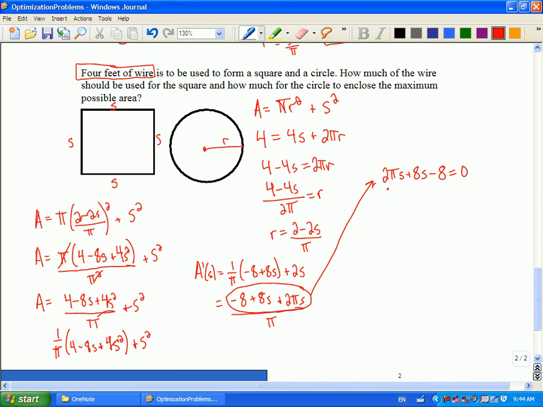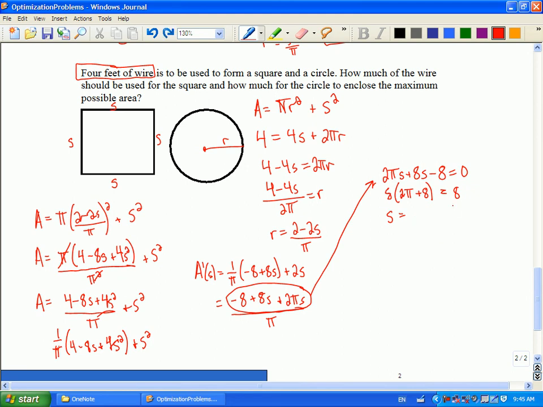So I can take the s out of here. So s is 8 over 2 pi plus 8. So that would be the side length I'd be looking for on this square.